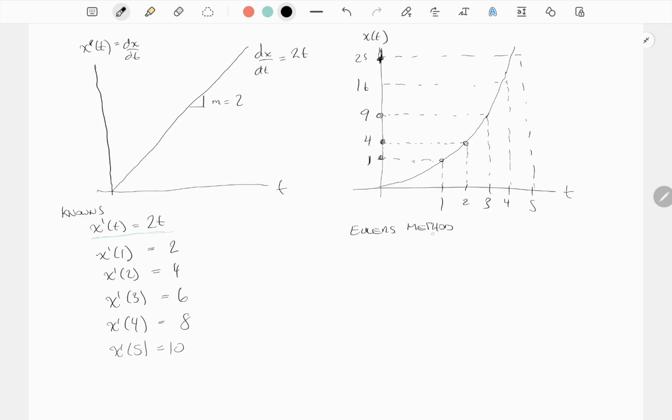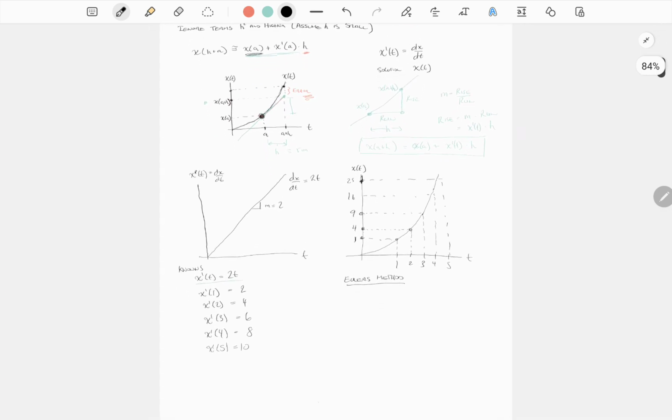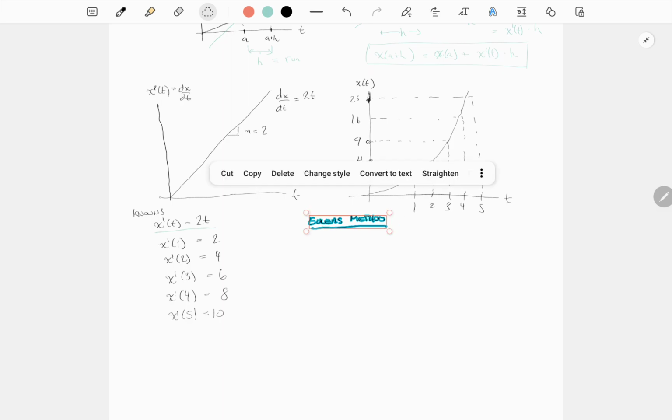Let's write the Euler formula, and then we'll just follow it. The formula is x at a plus x prime at a times h.